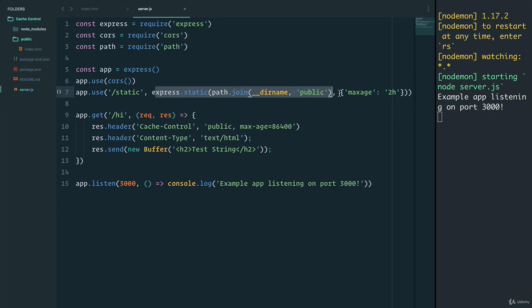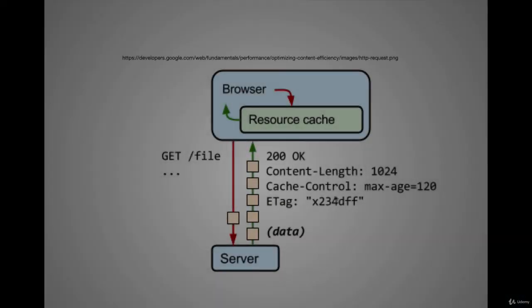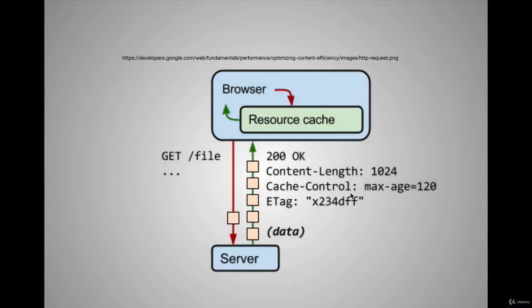And I've also added the option that is max age. And in Express, the way you define this cache control header is to simply say what's the max age? And max age means how many seconds do you want the browser to remember this content, this data that we're sending.